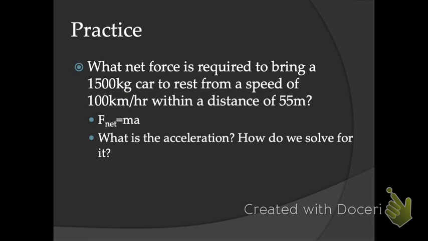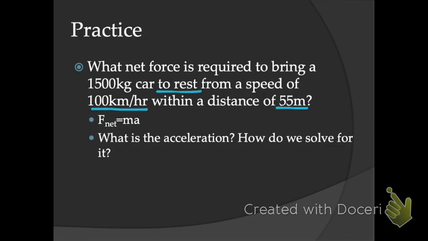So how do we solve for acceleration here? I'm given initial velocity, I'm given distance, I'm given final velocity. So you might need your kinematics. You don't have to necessarily grab that out right now. That is something that we might need through this chapter.